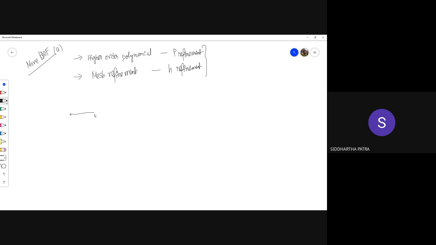I'm modeling the same bar, the bar which is fixed on the left and free on the right, free within quotes. Then you have a concentrated load at the free end, and you also have a distributed load that could be changing along the axis, so it's a function of x.